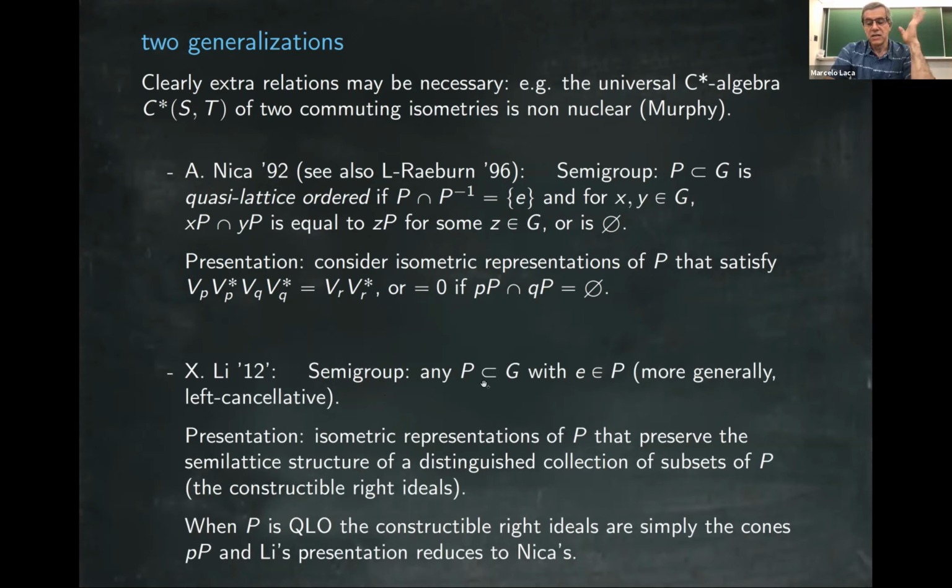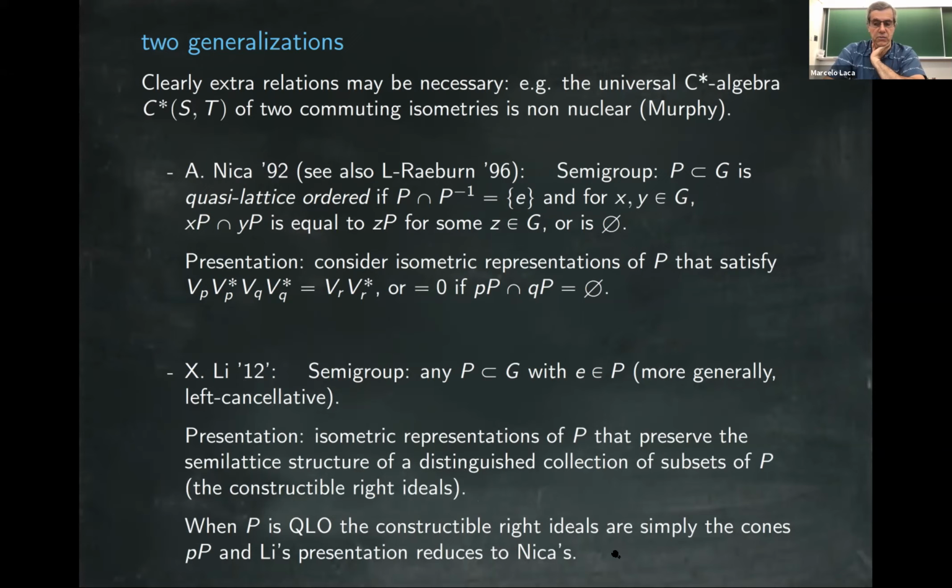So he said, take any semigroup. Here we're taking subsemigroups of a group, but his theory is more general than this. But let's just stick with a subsemigroup of a group which contains the identity. And then he said, for the presentation, take isometric representations of P that preserve the semilattice structure of a distinguished collection of subsets of P. So he identified the generalization of these cones that Nica had considered as something he called constructible right ideals.